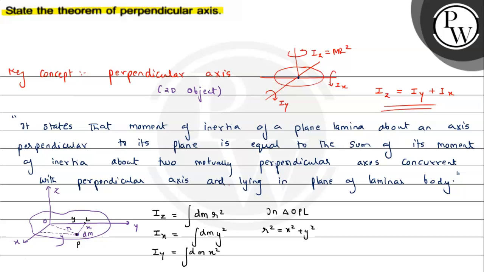If we multiply both sides by dm and integrate, we finally get the expression we wanted: Iz equals Iy plus Ix. So we can see this is the required result for perpendicular axis theorem. I hope you understood the solution. All the best.